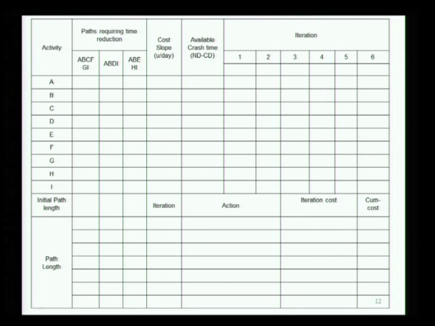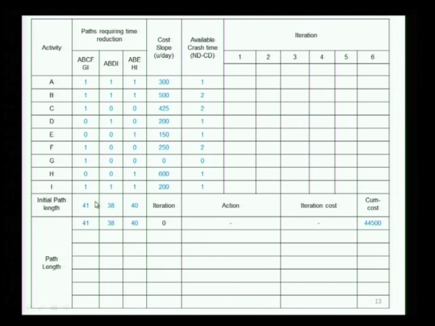So first we enter the basic values. This is the amount by which I can reduce the activity, and this is the current path length. For example, D does not participate in the ABCFGI path, F does not participate in this path, and H does not participate in this path.